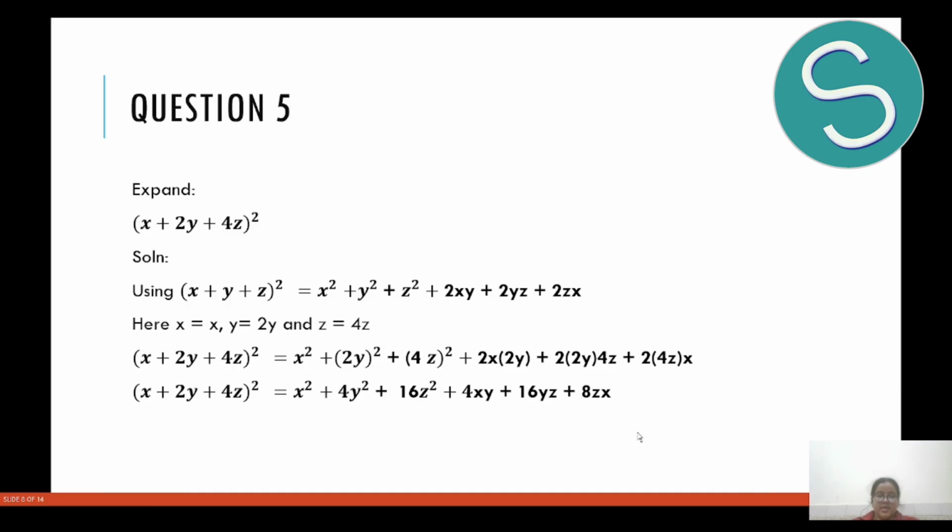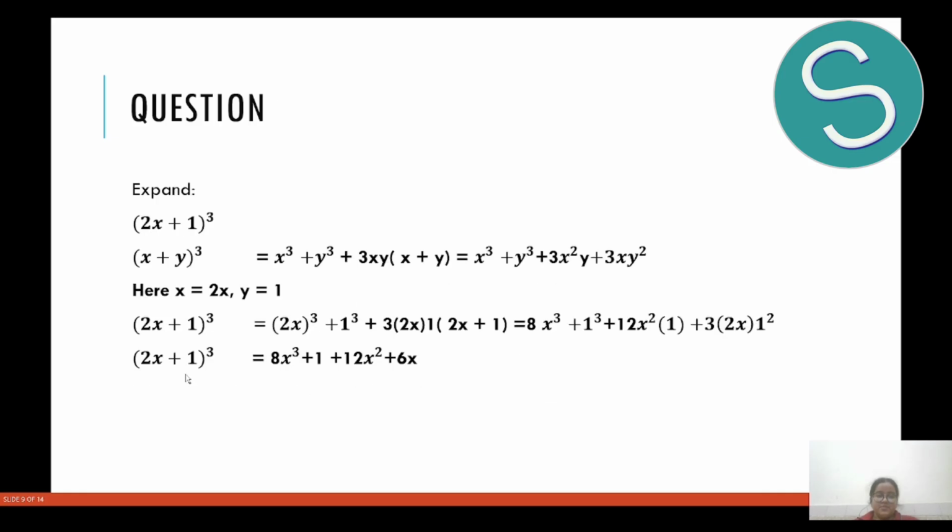So next question is, we have to expand (2x plus 1) whole cube. So how can we expand this?